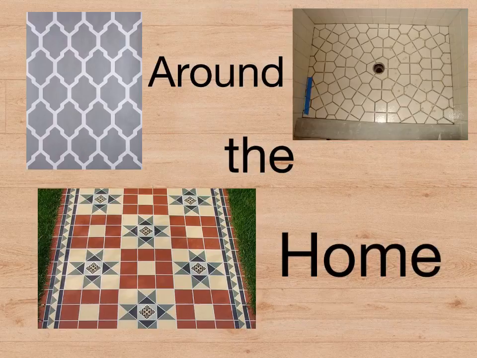The last couple of examples that I want to look at are just things that you might see around your house. One might be in your bathroom, whether it's tiles that are used in the creation of the shower, whether on the walls or the floor, or maybe you have tiles that are creating a backsplash.